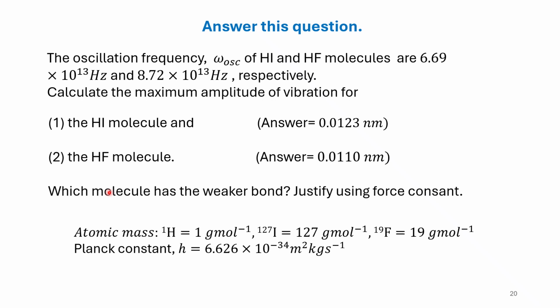After that, you have to determine which molecule has the weaker bond. You can justify using the force constant, meaning that you have to show which one has the larger force constant and which one has the lower or smaller value of force constant, because the force constant is related to the bond strength.